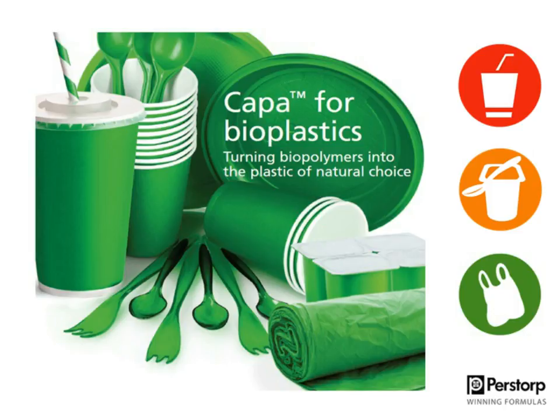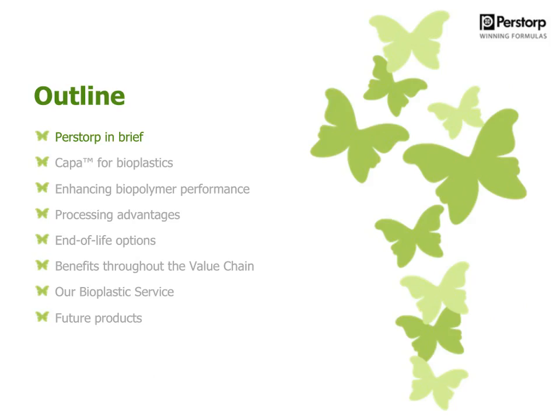So let's move on. As the outline for the webinar today, I will mention a couple of words about the company Perstorp and put this company on the map and share the history of the company and where we are today. And then I will discuss Capa for bioplastics, what products we can offer and what they can provide in terms of biopolymer performance.